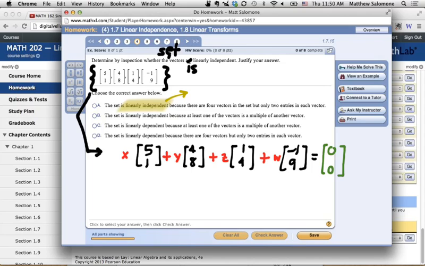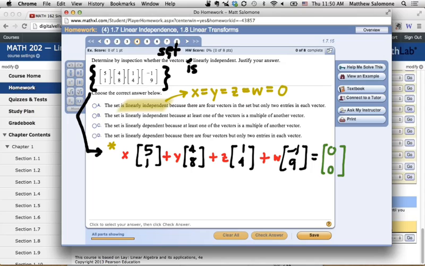What would the solution of this vector equation have to look like if these were linearly independent vectors? Trivial. By definition of linear independence, if these vectors are linearly independent, then only the trivial solution solves this vector equation. In other words, x, y, z, and w would all be forced to be 0.